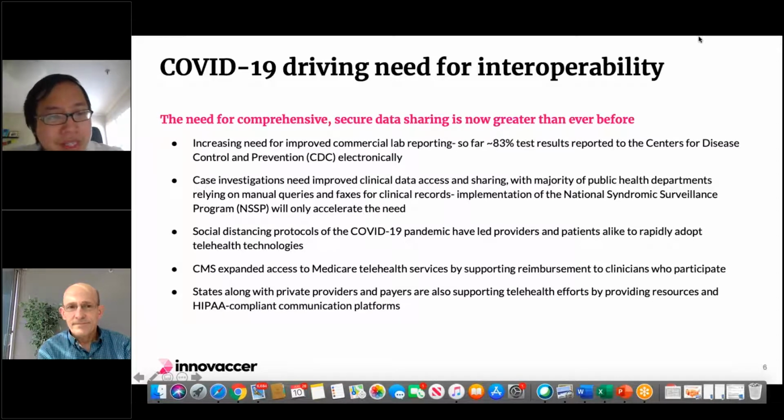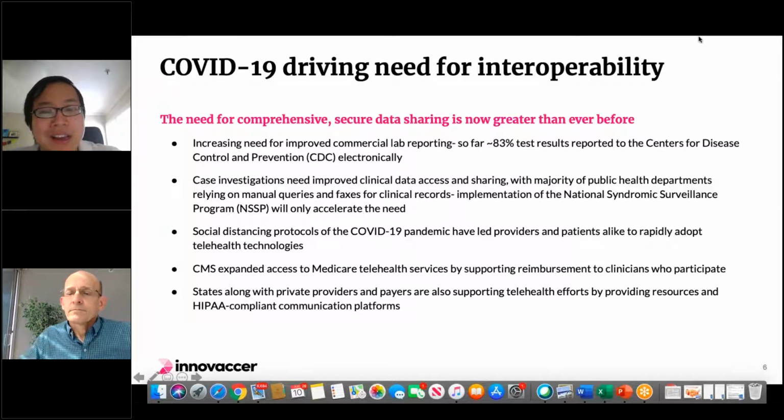I think everyone is seeing the need here from the early stages of doing reporting on lab results and then doing case investigations and contact tracing, and recognizing through this pandemic that there are specific gaps with how we manage it currently in the United States.